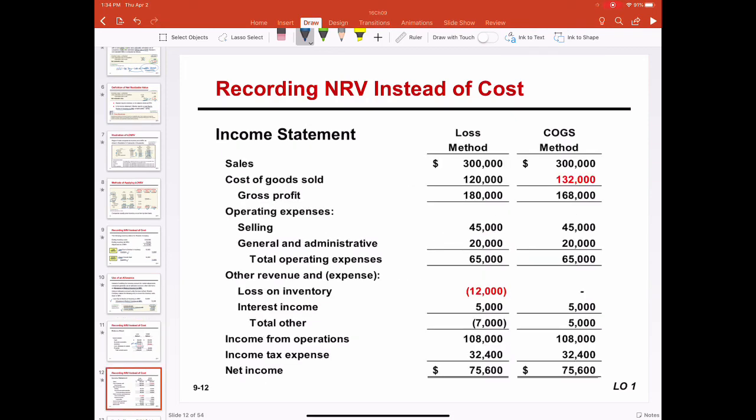Because loss and cost of goods sold are reported as two different expense accounts in the income statement, it depends on what method you use. The loss or the cost will be reported in different accounts. We do report losses on inventory as other operating expenses or losses. For the cost of goods sold method, we recorded the $12,000 deduction as part of total cost of goods sold. The bottom line is the same. The difference is the classification of this loss and expense.